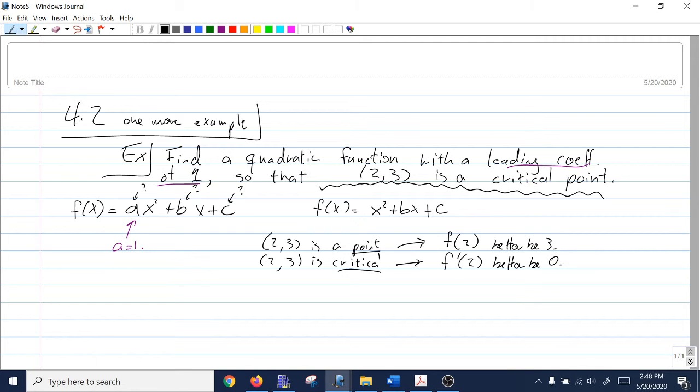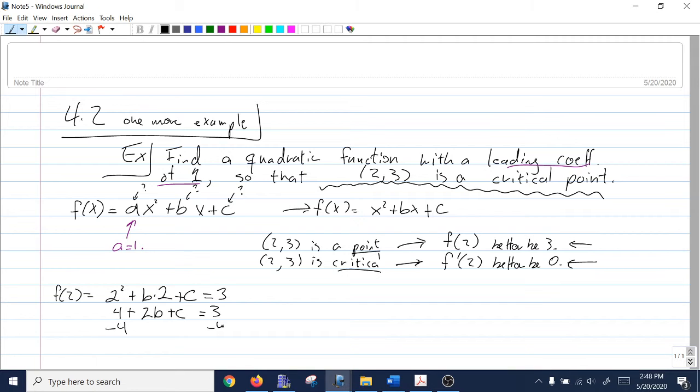How do I make sure these facts are true? Well, this is an equation I can solve, and this is an equation I can solve. I set up these 2 equations. F of 2, how do I figure out what f of 2 means? Well, here's a formula for my function. F of 2 is 2 squared plus b times 2 plus c, and that better be 3. That says 4 plus 2b plus c better be 3.